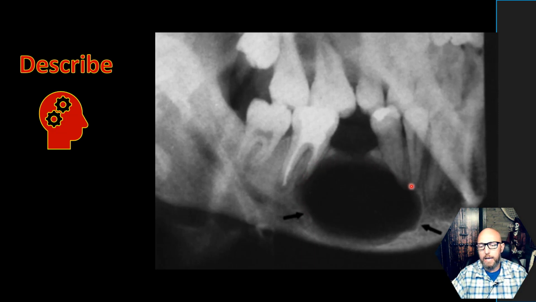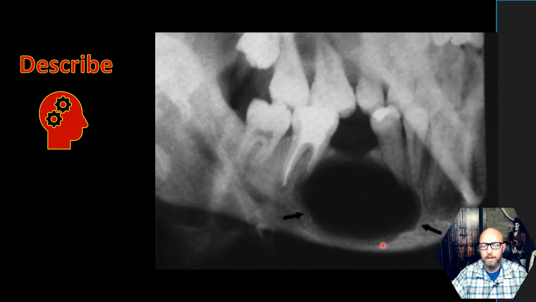But if you see any part of the lesion where you're sure it's not just an adjacent anatomical structure, so there's no canals here that we're going to confuse this with. If we're looking at the anterior maxilla, you've got to make sure you're not confusing the border of the nasopalatine duct or the border of the sinus or the border of the nasal cavity as one of the borders of the lesion, because that can cause a corticated appearance, but that doesn't mean the lesion is causing it.